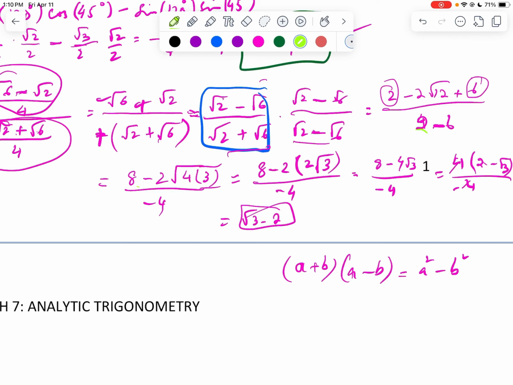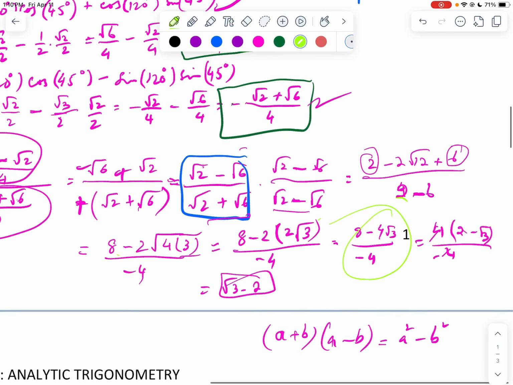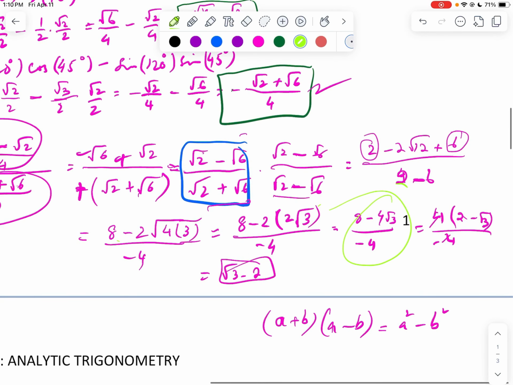Now I can factor out 4 from the numerator. So it gives me 4 times 2 minus square root of 3, whole divided by negative 4. So the 4 and 4 get cancelled, and the negative sign can be distributed in the numerator, and it gives me square root of 3 minus 2, which is much simpler than what we had before.